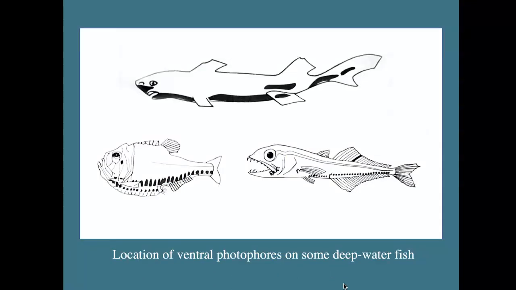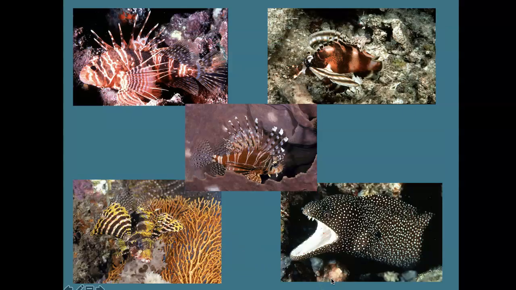You can even see this kind of counter shading in some of your deep water fish, and they'll actually have ventral photophores. So they have these light producing structures to trick potential predators into thinking that there's some light coming through. So again, kind of interesting. You see that counter shading even in some of your deep water fish.